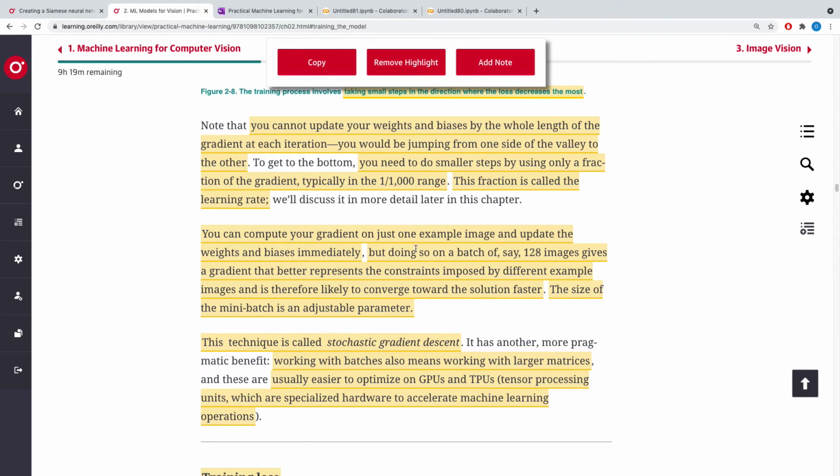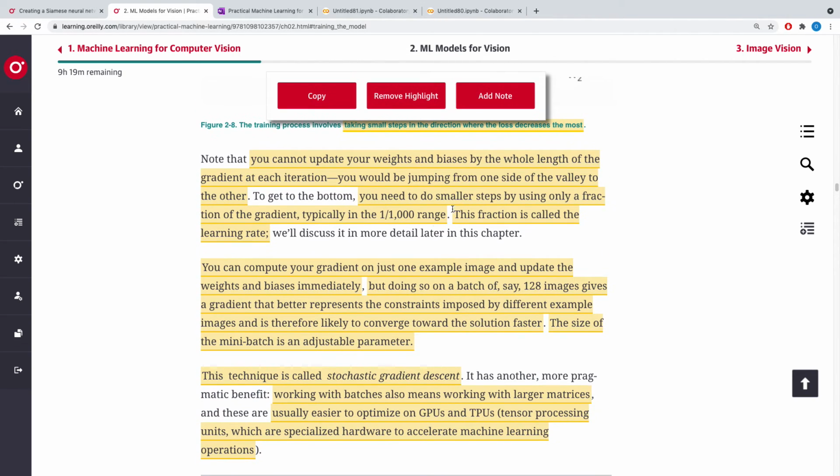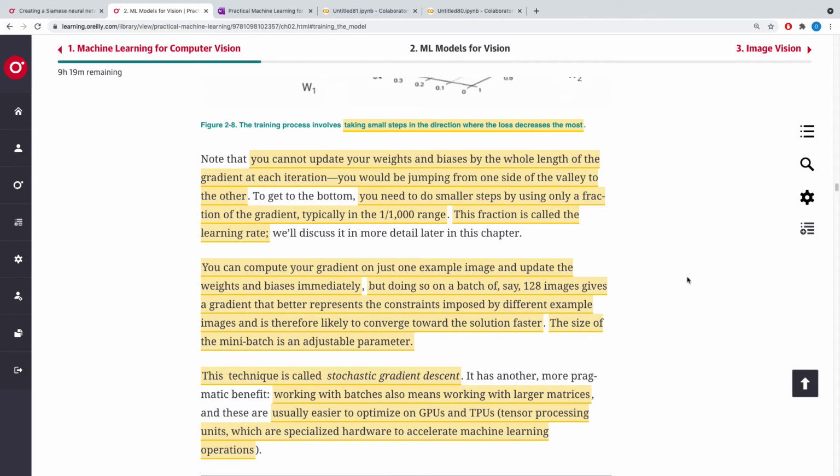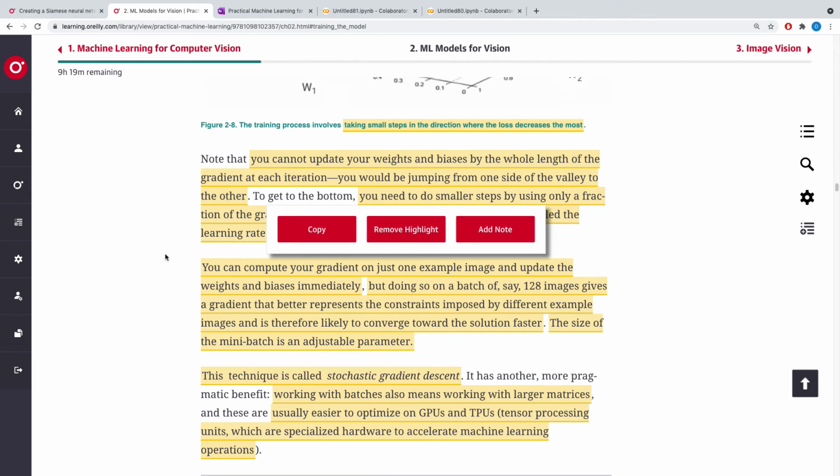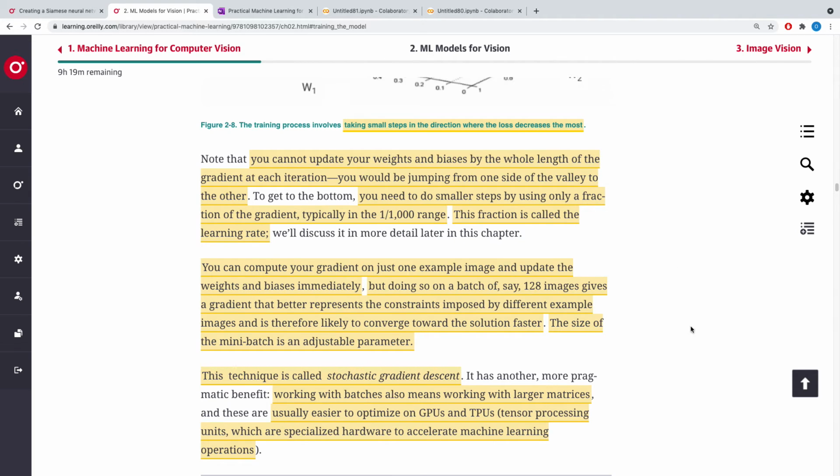So that's what this is saying. You need to do smaller steps, and for that we impose another parameter which is called the learning rate. The learning rate is how big a step you need to take to get to your minimum.